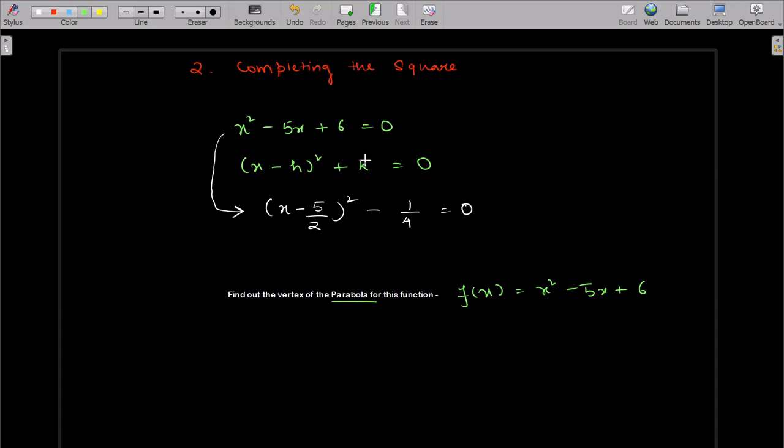In the vertex form, the coordinates of the vertex are given by h comma k, right? So once you convert the standard form to the vertex form, your vertex is h comma k. So can you tell me the vertex for this function?